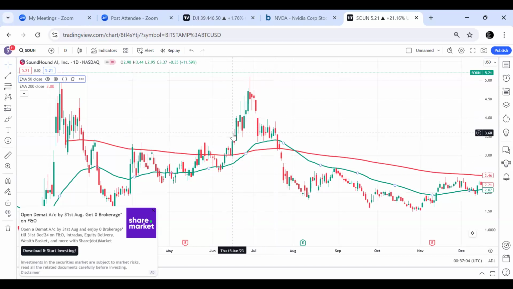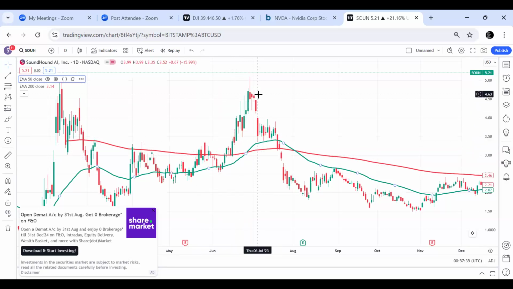So we have to wait for the second candle to break the high of the first candle before entering the trade. And we have to set our stop loss at the low of the first candle. Here I am entering the trade at this point, and I have to keep my stop loss at the low of this first candle. And we have to use a trailing stop loss further to manage risk.